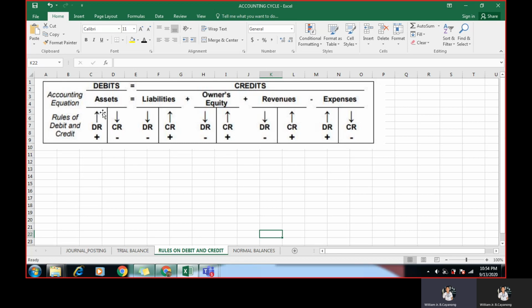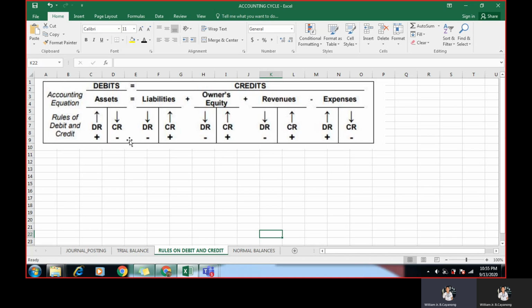Now, the normal balance of asset is debit, and assets will be increased when we debit it. So, kailan mag-decrease yung asset? Mag-decrease yung asset natin if it is credited. Okay, so that's the rules for assets. Mag-increase siya if it's debited. Mag-decrease siya when assets are credited.